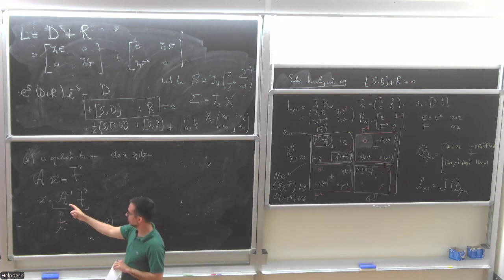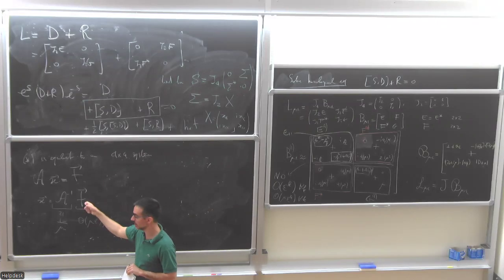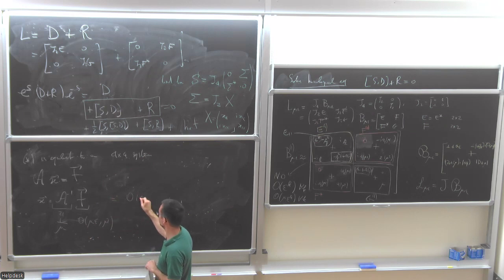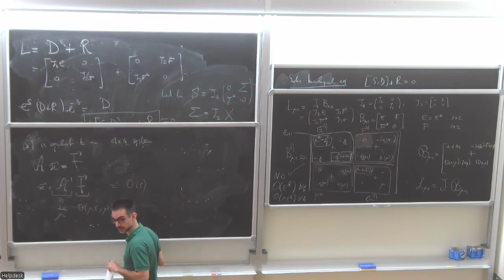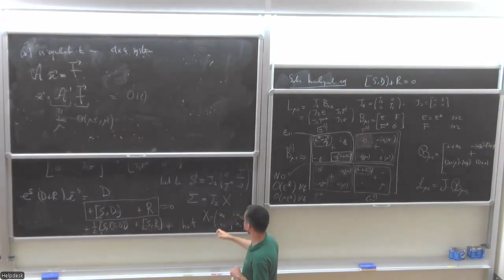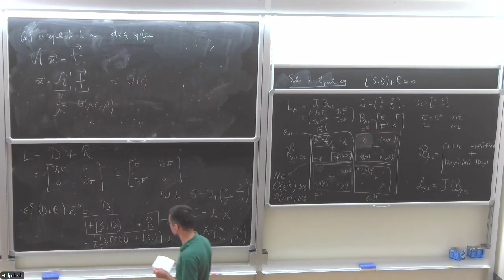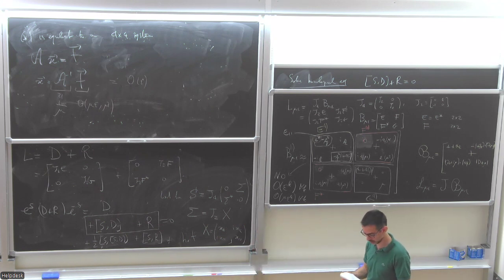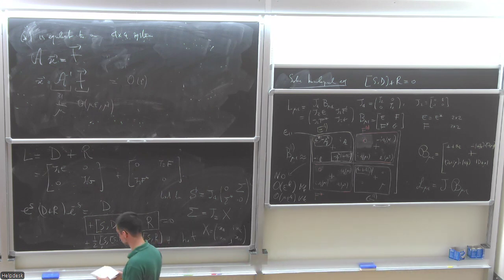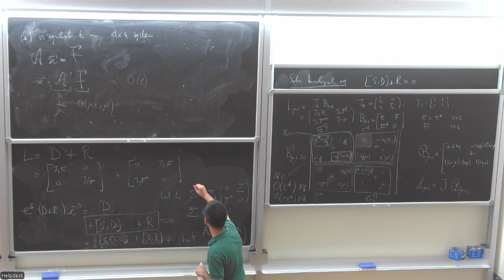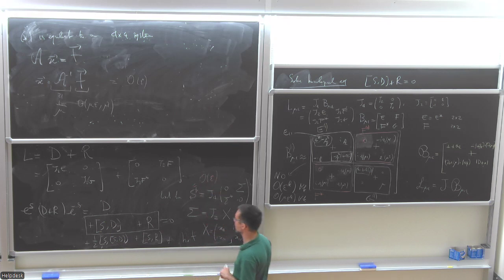And so you see that although this is a singular matrix, F is already sufficiently small, in such a way that this 1 over mu will cancel out, and together this will be something of order epsilon. So this means that X is of order epsilon, and so S also is of order epsilon.